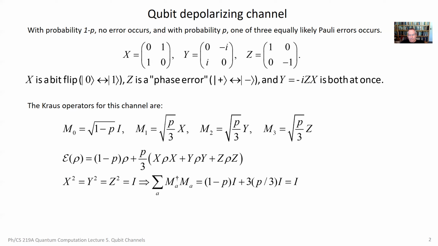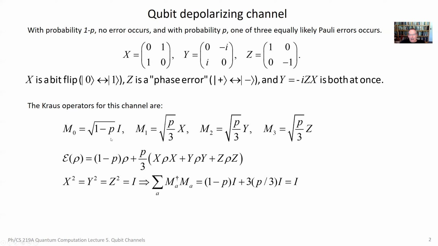And well, if we just take the sum over a of M_a adjoint M_a, in this case, M_a is self-adjoint, so M_a adjoint is the same as M_a. That's supposed to be equal to the identity. That's the condition that the trace is preserved.